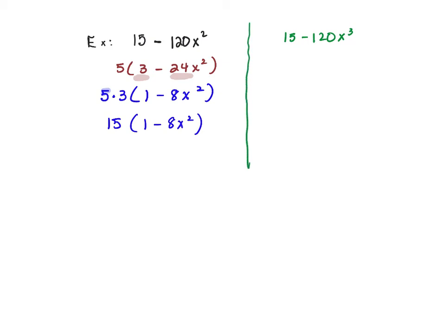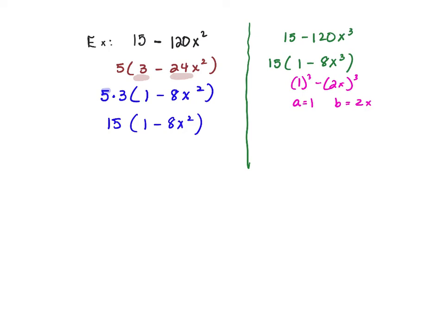So now I know the GCF is 15, so I'll take that out right away, leaving me with 1 minus 8x cubed. And while 8 is not a perfect square, 8 is a perfect cube. And 1 is as well. This is like a 1 cubed minus a 2x cubed. So my a is 1, and my b is 2x.